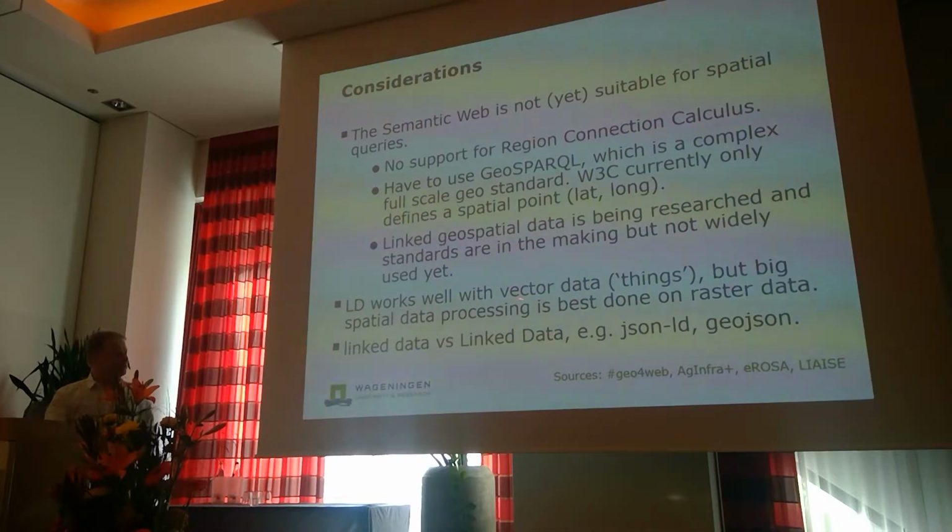But raster data is mostly, if you look at big data processing, like Paul said, they focus on raster data, arrays of raw data and numbers, and that's what you train your machine learning algorithms on. And it's not so much the vector data. So there's an interesting difference in these two data sets and how we are going to use them if we actually move to big data and data analytics.